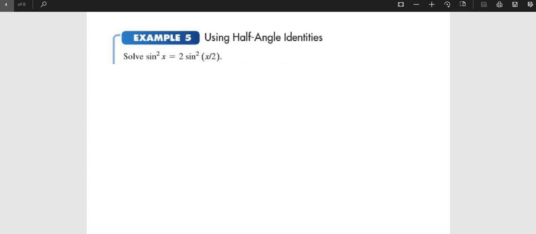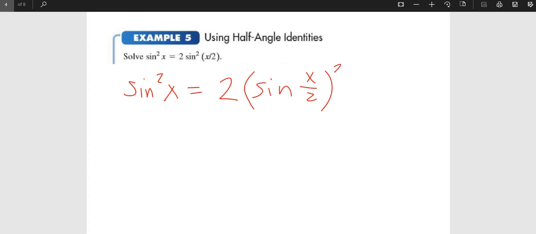Okay, now we've got sine squared x here, and we've got 2. Now, let's see here. Another way to write this would be sine x over 2 squared. All right.